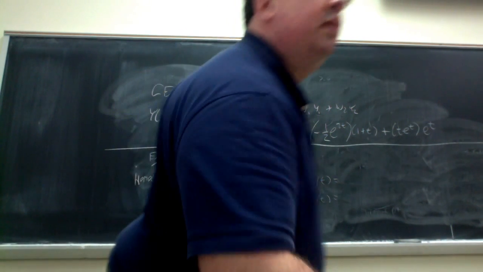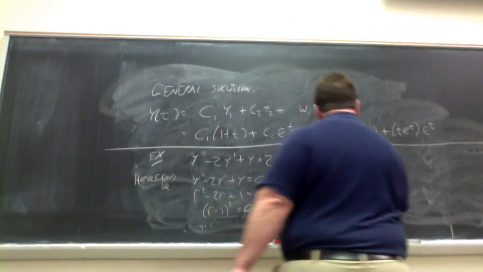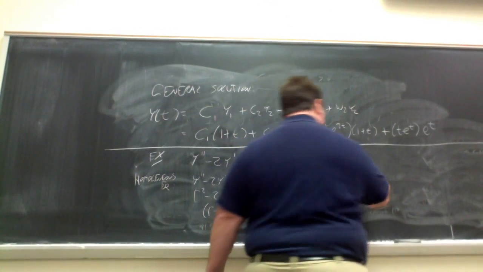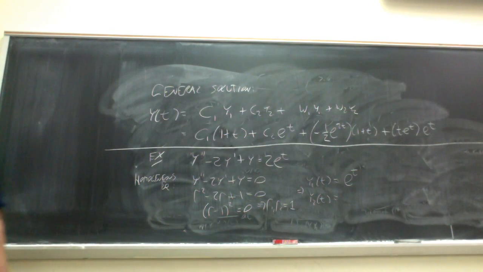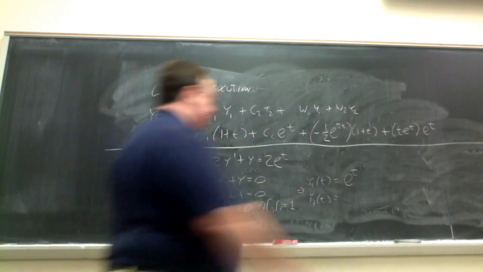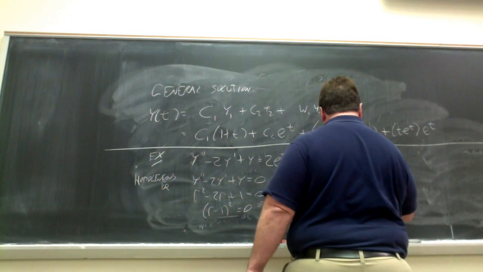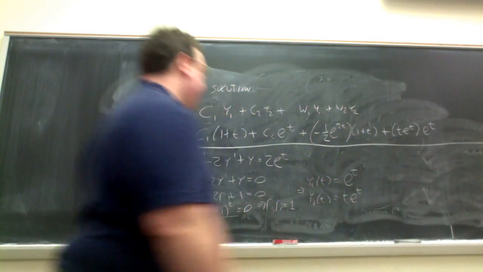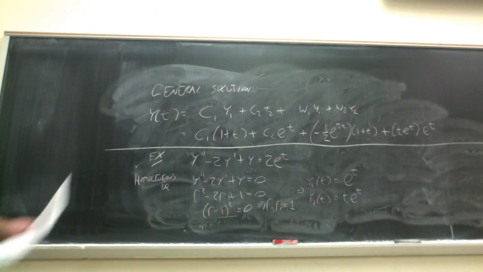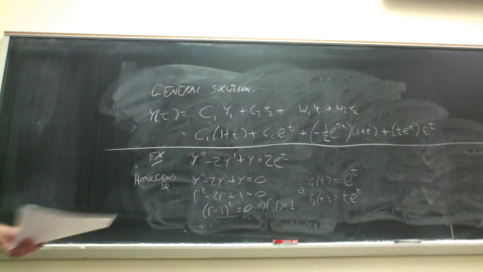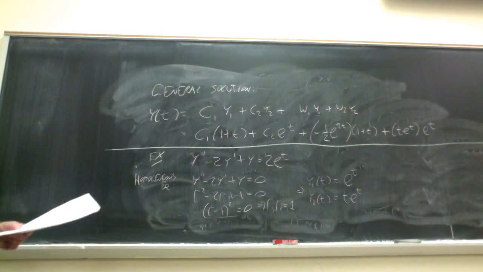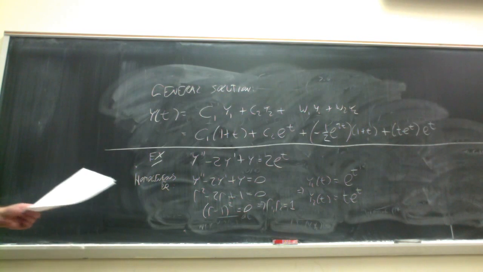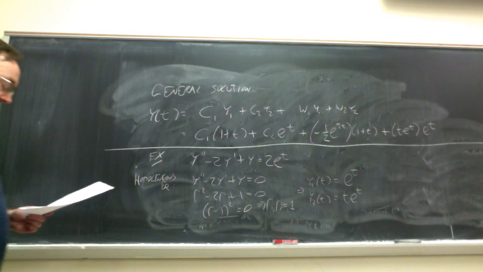Yeah, well, we'll do the constants now, but just the y1 and y2. Yes, y1 is e to the t, and y2 is t e to the t because of the double root. So then, if we have a constant times y1 plus a constant times y2, that's a general solution of the homogeneous equation. But now we can use these to find w1 and w2 for our particular solution.